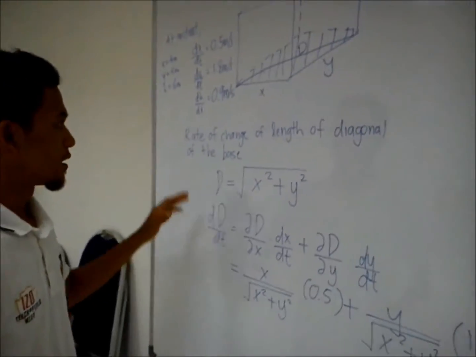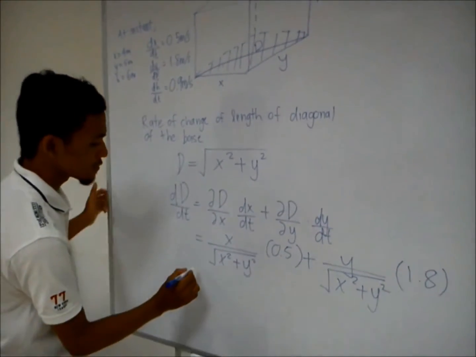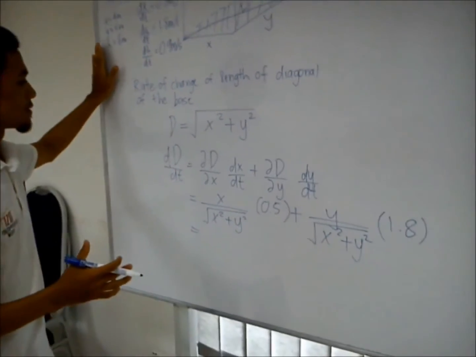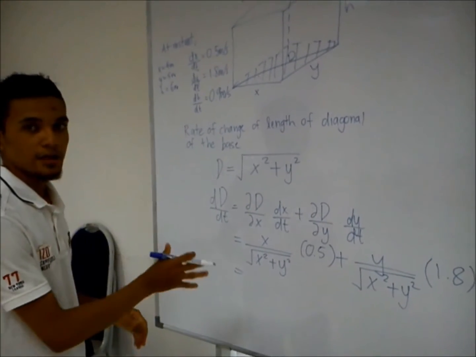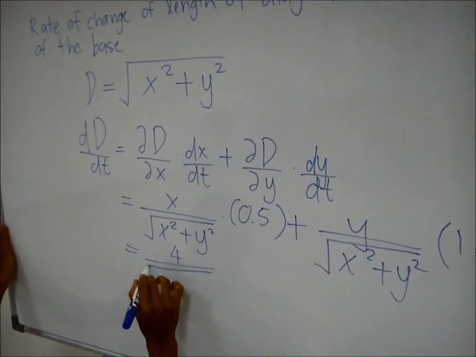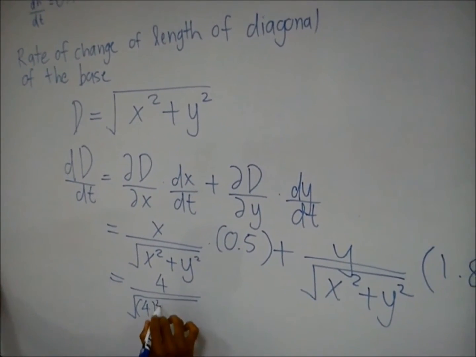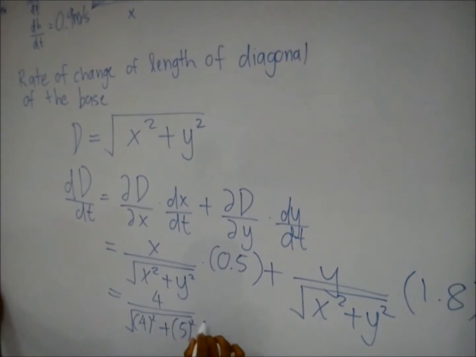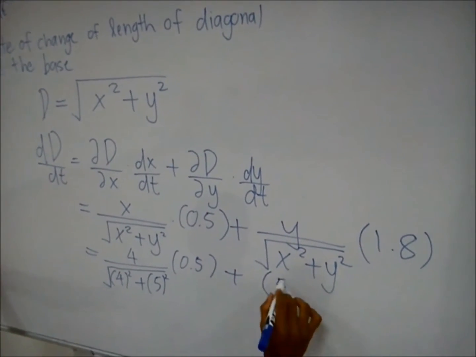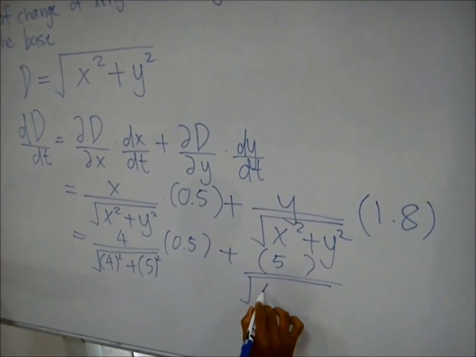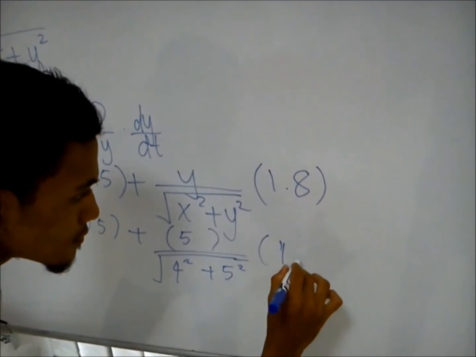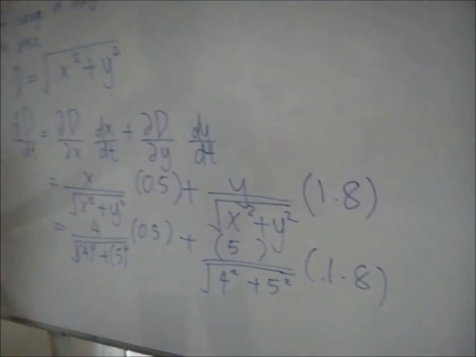So to solve the rate of change, we need to plug in the values that have been given for each x and y. So x here will be 4, times 0.5, plus 5 over the square root.